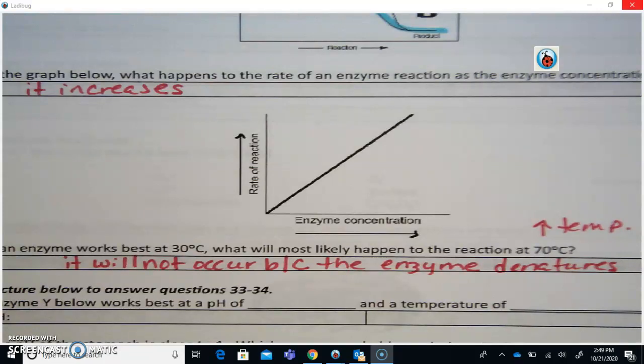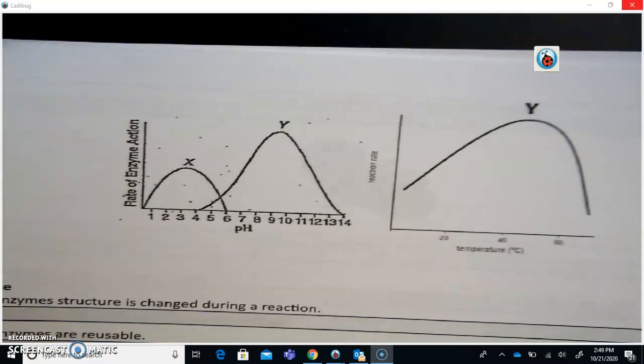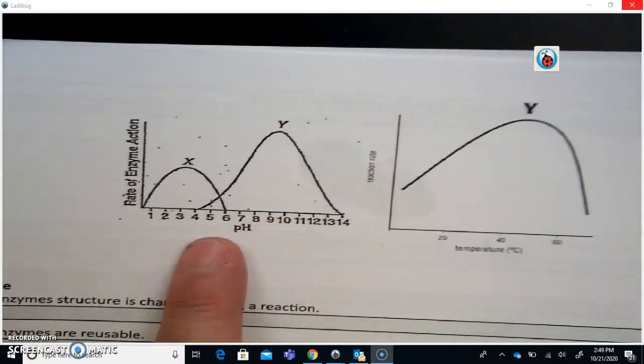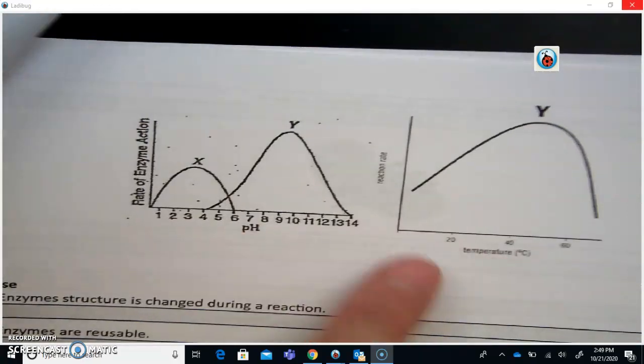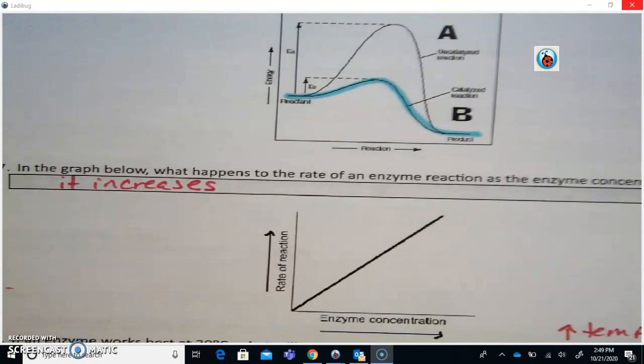Number 29, use the picture below to answer questions 33 and 34. So again, we're looking at a picture over here. We've got a couple of pictures here, and we just kind of remember those. It says, enzyme Y works best at a pH of what?